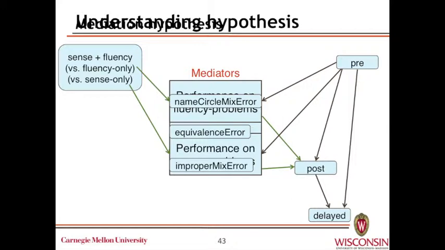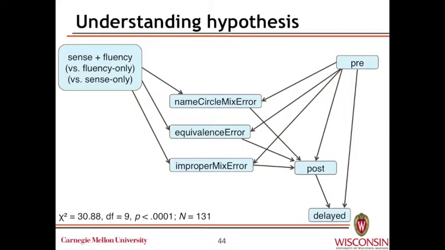But as we all know, there are very many alternative models that would be consistent with my two hypotheses. I do have some knowledge about the data, right? I know that the pretest is independent of condition assignment because I assign students individually and randomly to the condition.